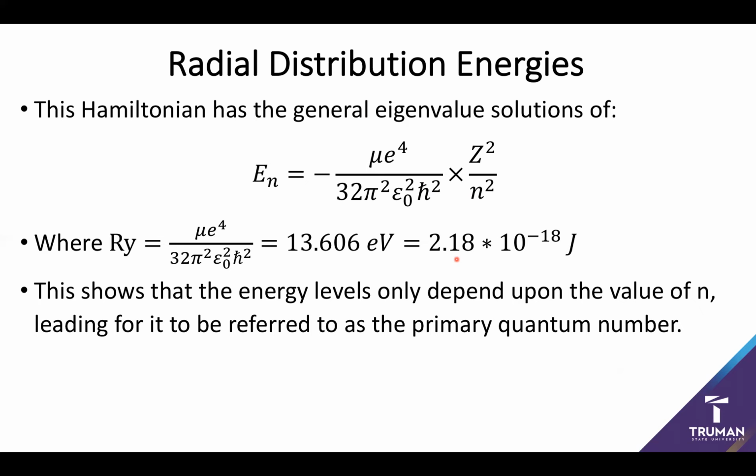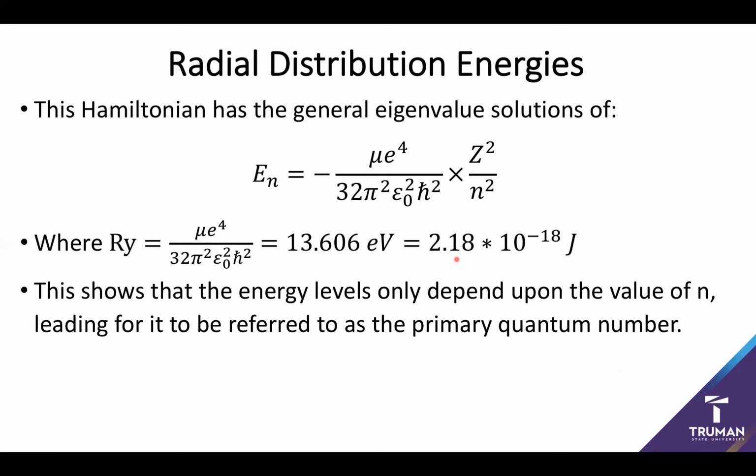This is more or less, for a hydrogenic atom, the only thing that dictates the energy of the system. This should hopefully make a bit of sense if we look back to our particle in a box, our harmonic oscillator, even our rigid rotor. As we typically found, the only major control on energy was more or less the number of nodes. Because the more nodes I had, the faster I needed to move.